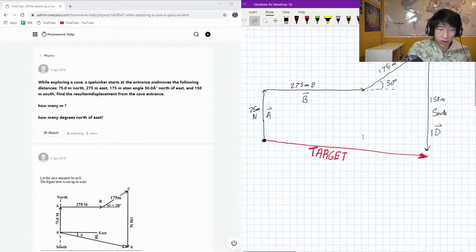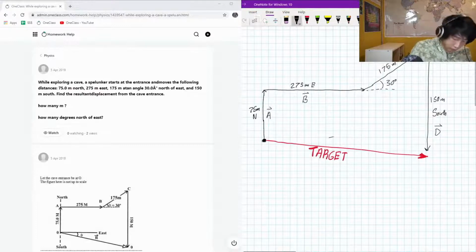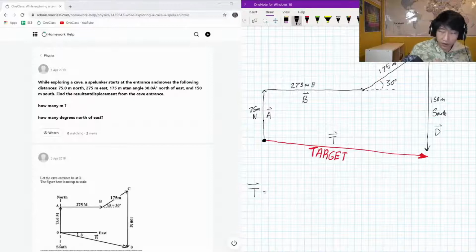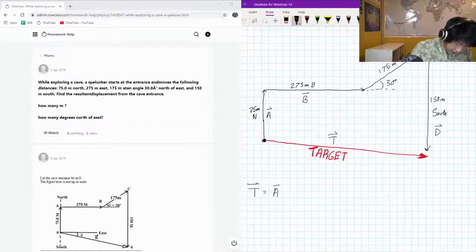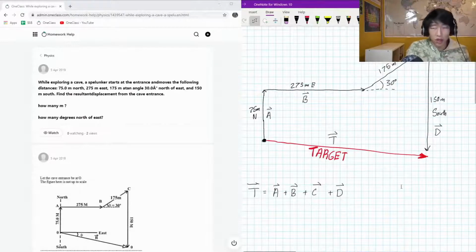If we call this T for target, we know that the vector T is going to be the vector sum of A plus B plus C plus D, like this.